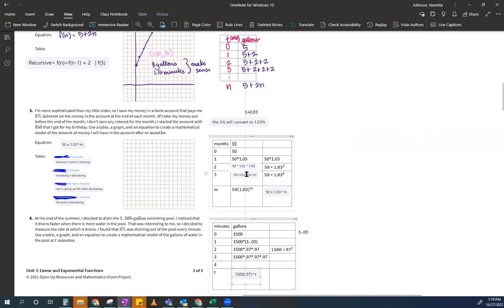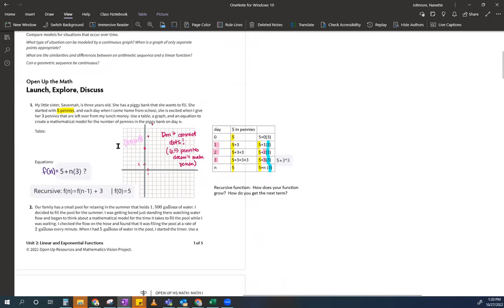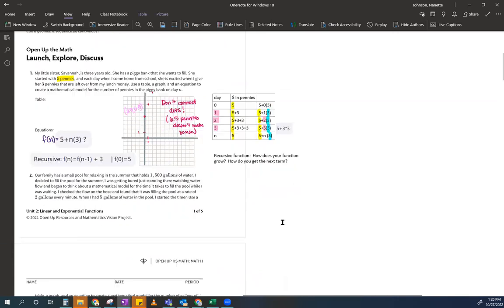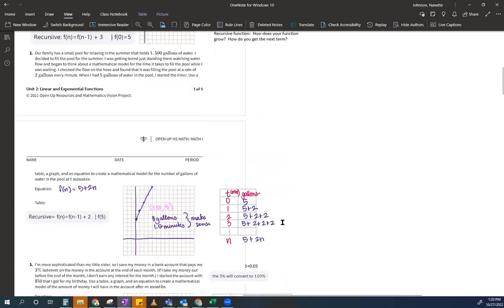Now if I gave you a choice, whose account would you rather start with, your account with $50 or your little sister's with pennies? Whose grows faster? Yours or your little sister's? Yeah, yours does, right?